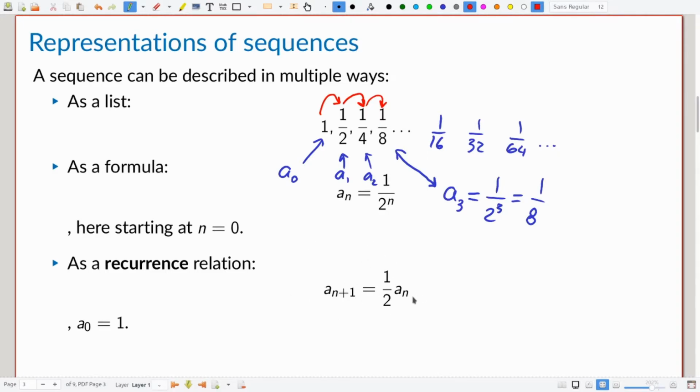That's what we call a recurrence relation. But in order for that to make sense, we need a starting point. So here we have to specify the first term, this a0, and then all the subsequent terms are given by their relationship to their predecessor.